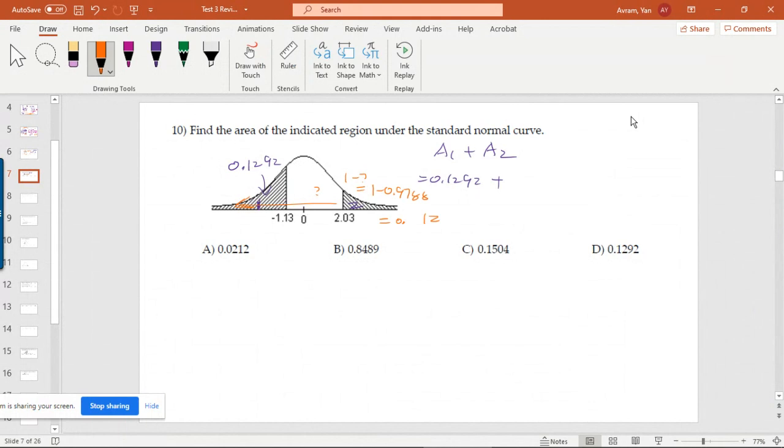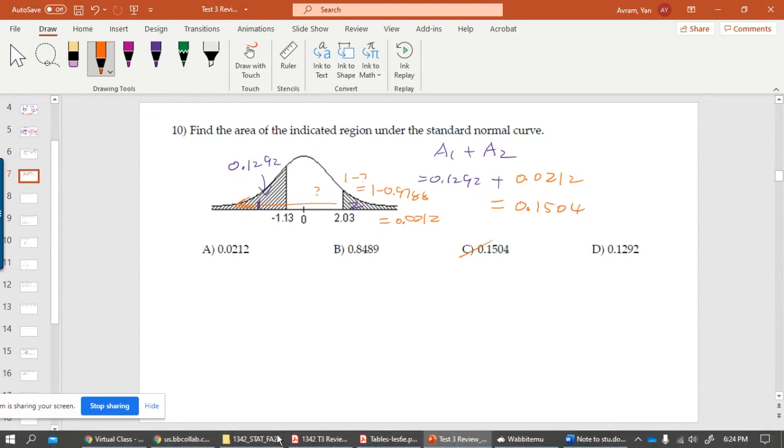This will be 0.0212. So my area 2 is 0.0212, and then you add these two together. In here, that will give you 0.1504, which is C in here.